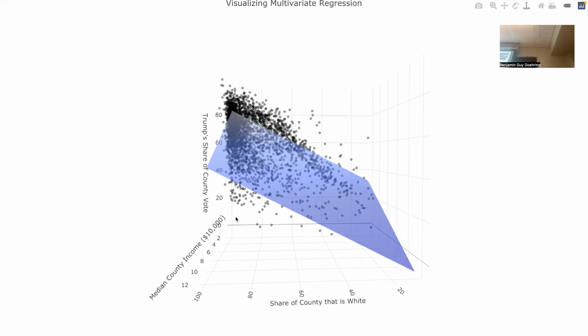And then our slope of minus 0.52 for percent that's white is saying that as we move this way, the share of support for Trump is going to decrease. Holding constant median income at $80,000, our predicted value for support for Trump, as we change the share of the county that is white, is going to decrease.